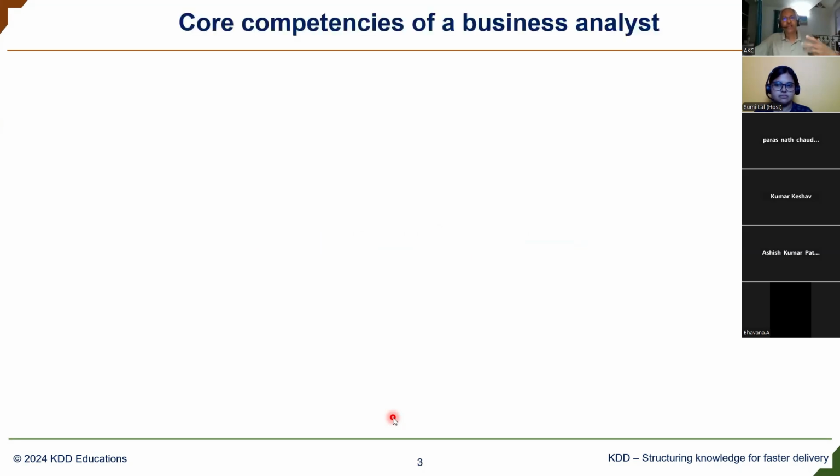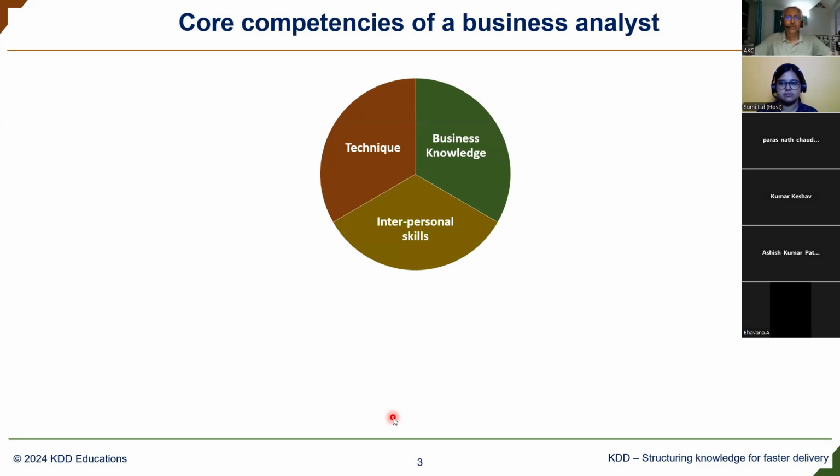If I look at it from the competency of a business analyst, any analyst will agree that a business analyst plays a very important role in the whole system development or maintenance aspect. The skill set or competency of a business analyst evolves around 3 areas: technique, interpersonal skills, and business knowledge, right?